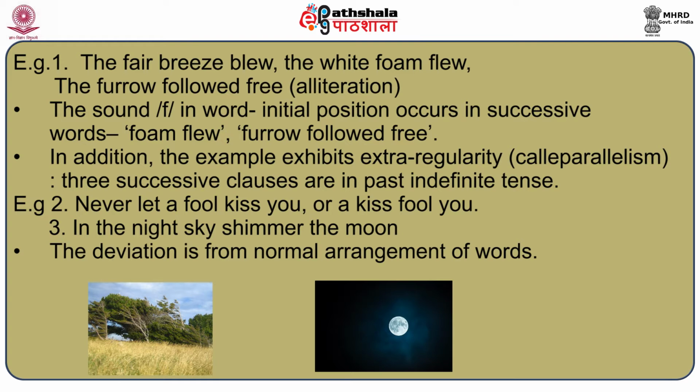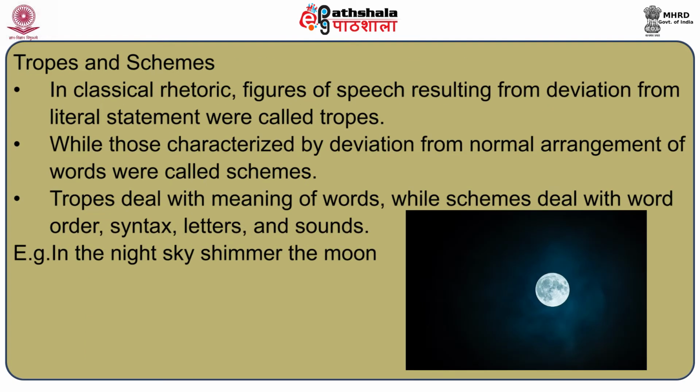Take another example. "In the night sky shimmered the moon." Here we have deviation from normal arrangement of words. In classical rhetoric, figures of speech resulting from deviation from literal statement were called tropes, while those characterized by deviation from normal arrangement of words were called schemes.